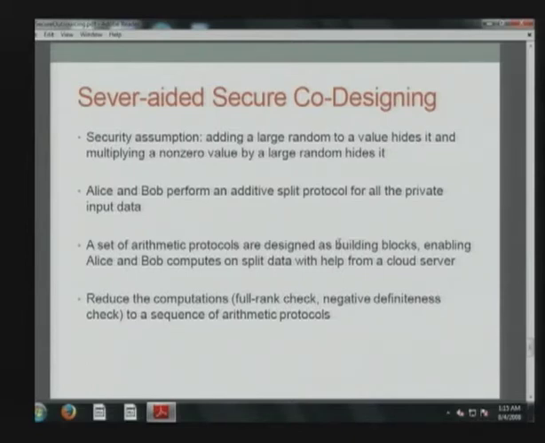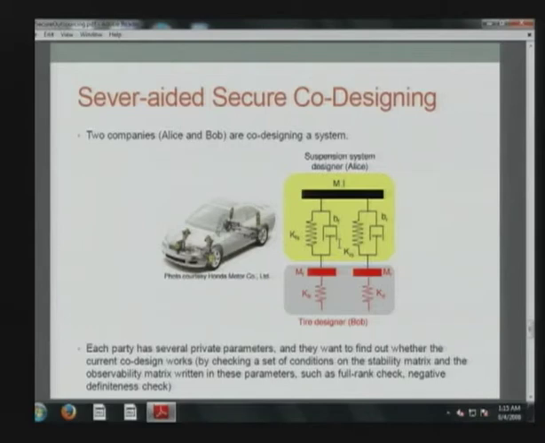We implement all the building blocks, and then we do the high-level computations by calling their functions. We checked this system.